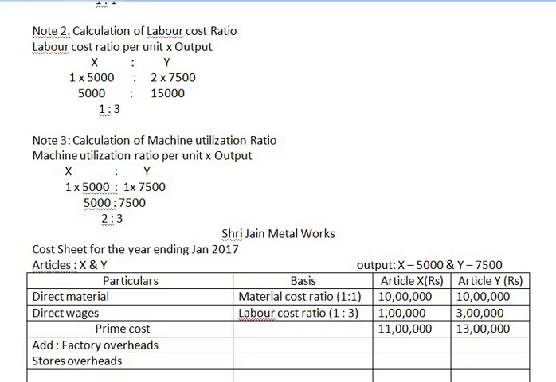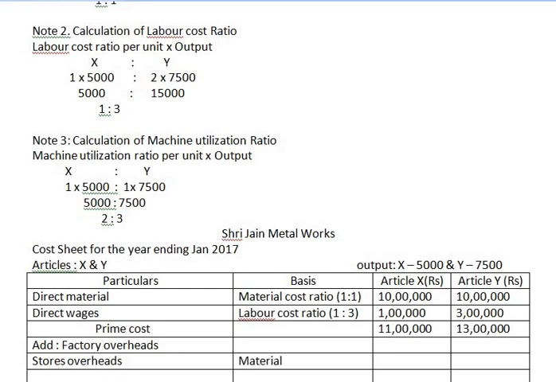Again you all know there are 3 ratios available: material cost ratio, labor cost ratio, and machine utilization ratio. Now see stores overheads, which is the suitable ratio for stores overheads? Stores, what we are going to store? We are going to store the materials, right? So it is related to material cost ratio.